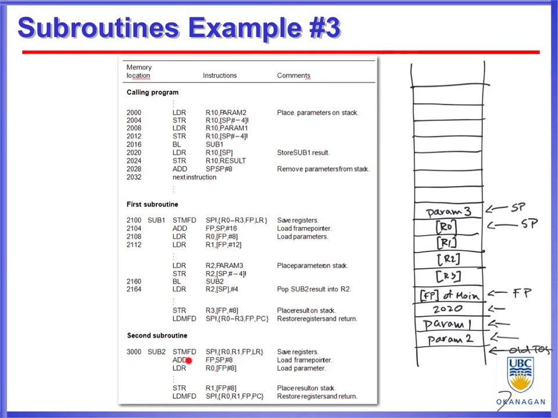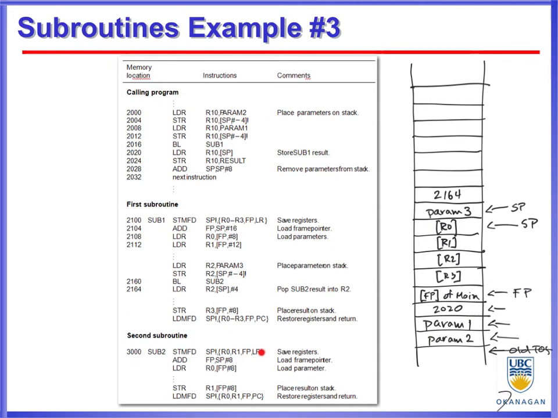Okay, we're going to put a bunch of stuff on our stack again as we come into the subroutine. We're going to store multiple fully descending using the stack pointer, which is currently pointing here. Okay, we're going to decrement, and then we're going to store the contents of the link register, which is 2164, onto the stack. Okay, so 2164, and the stack pointer gets updated to that address.